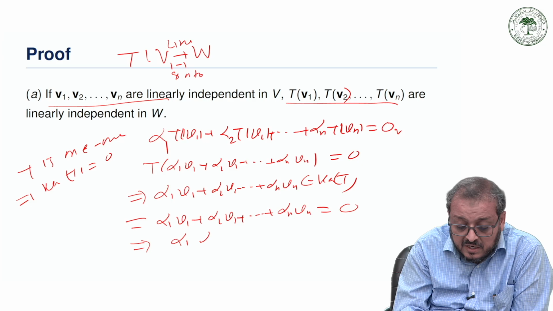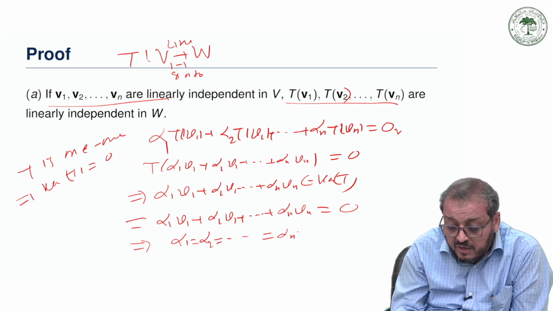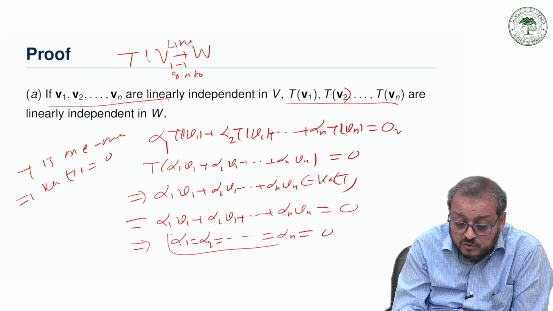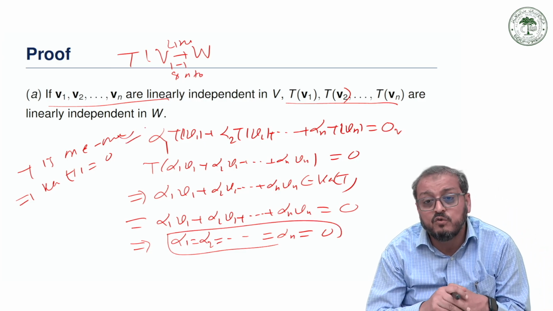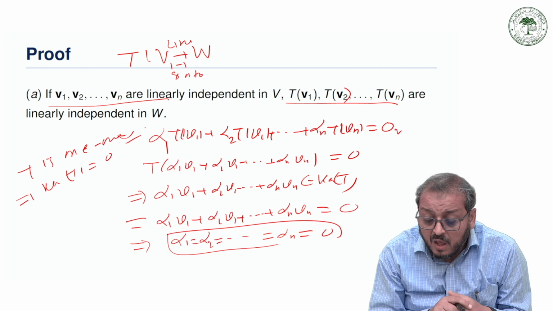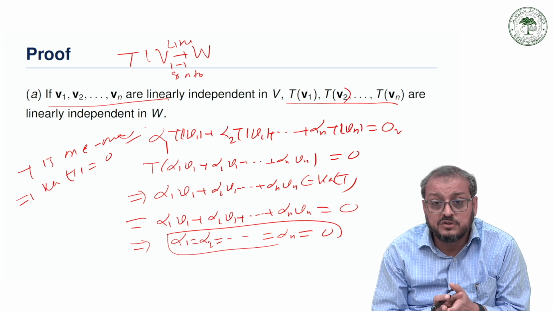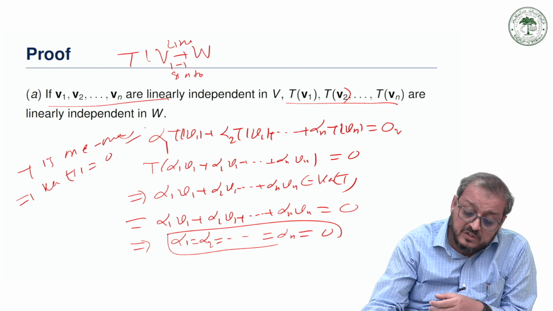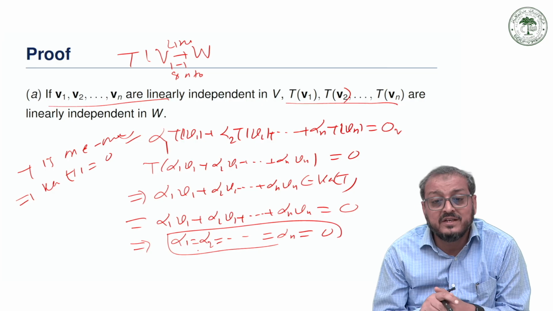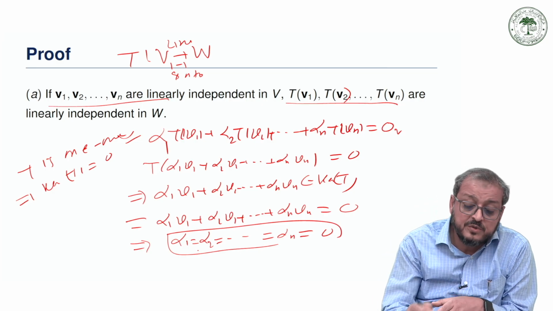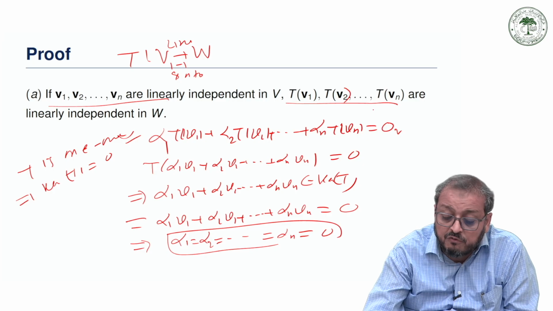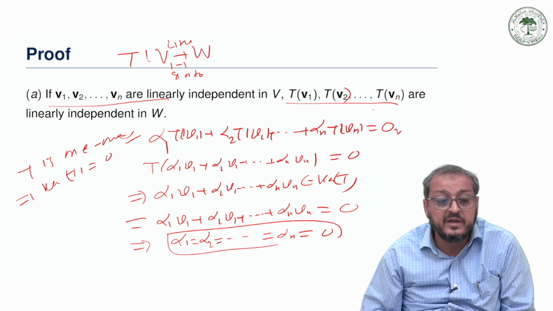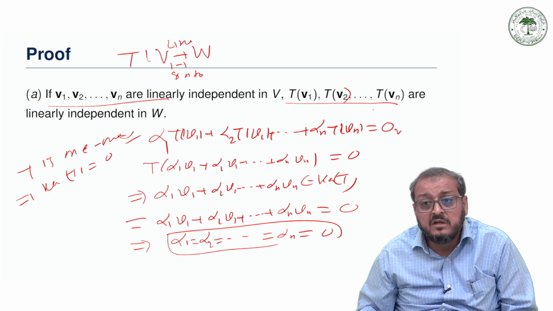So alpha 1 equals alpha 2 equals alpha n equals 0. We started from alpha 1 T(v1) plus alpha 2 T(v2) up to alpha n T(vn) equal to 0, and we have shown that all the scalars are equal to 0. So T(v1), T(v2), up to T(vn) are linearly independent vectors in W.